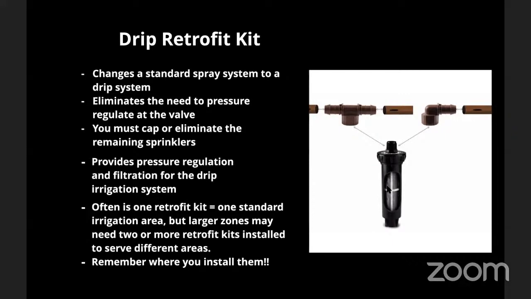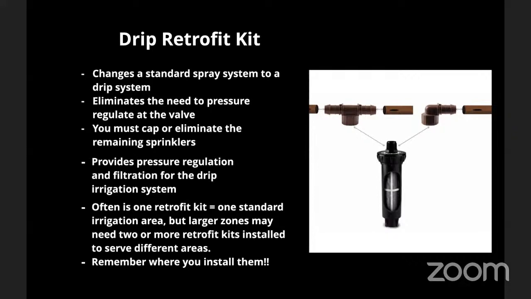I ask them if they've ever flushed their system, and they never have. And they can't remember where this thing is now buried in the landscape in the mulch. They're going to have to go find it, flush it out, and do that. So remember where this is. And if you're just putting one in, keep it accessible.